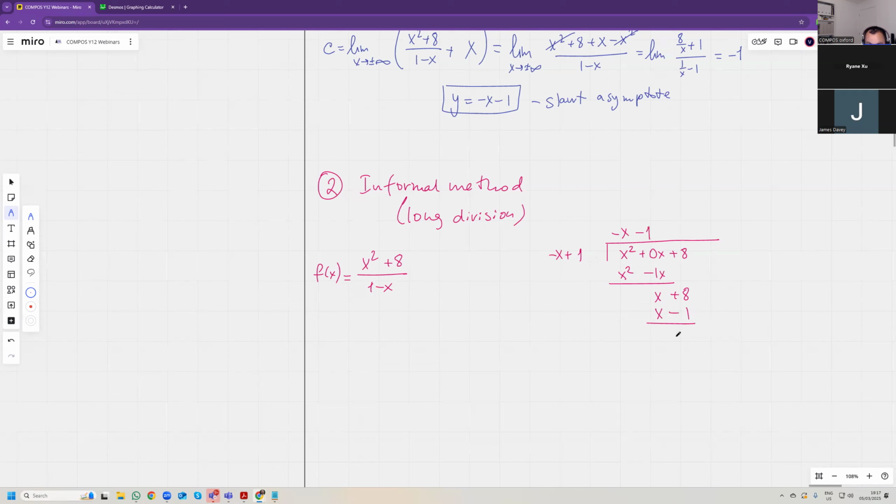And the remainder is 9. So you can write this as minus x minus 1 plus 9 over 1 minus x.